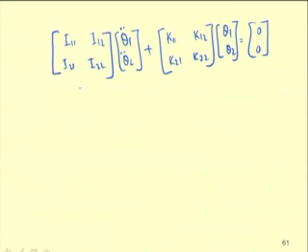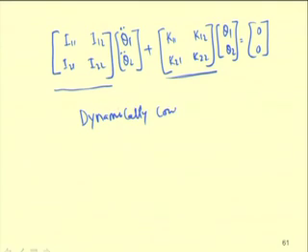So, in this case, this is the mass matrix or inertia matrix and this is the stiffness matrix. So, if the mass matrix is coupled, that means these non-diagonal elements are present, then the system is known to be a dynamically coupled system. But if the stiffness matrix is coupled, that is the off diagonal terms are present, then the system is known to be statically coupled.